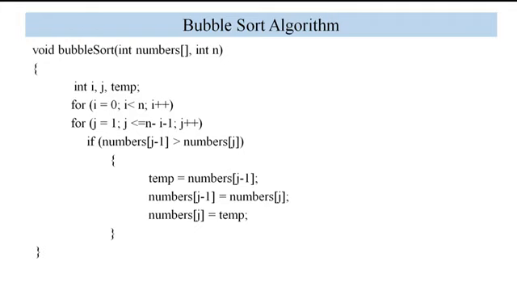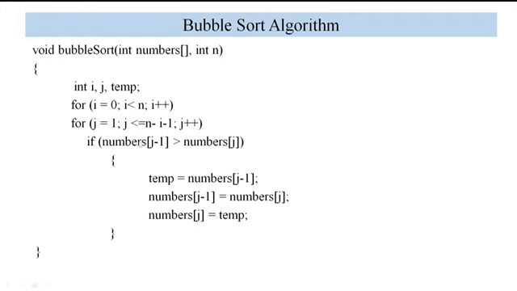And for every i, this inner loop j will execute from j is equal to 1 to j less than or equal to n minus i minus 1. So when i is 0, it will execute till j less than or equal to n minus 1. If say n is 10, it will execute 9 times.